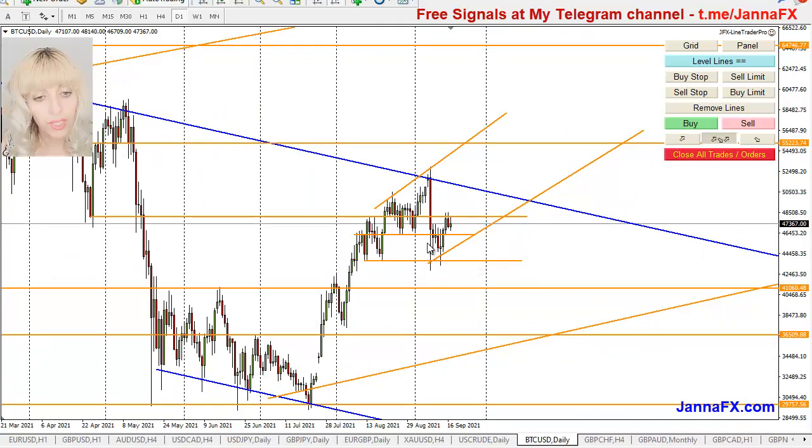Yes, it's created these pins and wicks here, but it looks like a diamond pattern to me, guys. See, like a diamond. Usually it's a shoulder, then you have a head which breaks the neck and comes back. Okay, so that's why it's not staying on the same neck. That would be head and shoulders, but because it broke, they look at it as a diamond pattern. But at the same time, remember I was telling you about the pattern called fish.